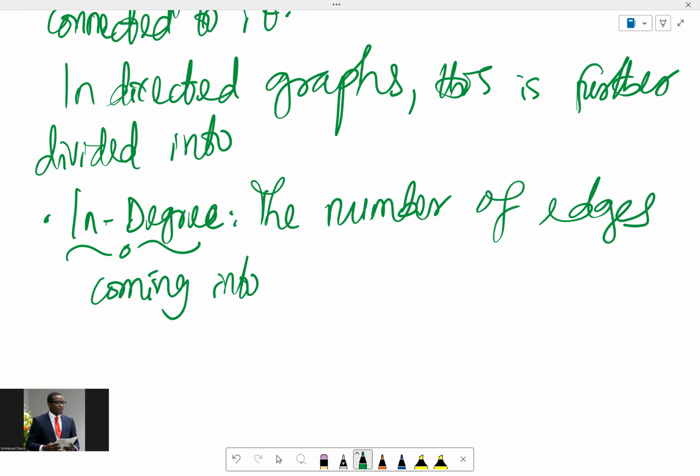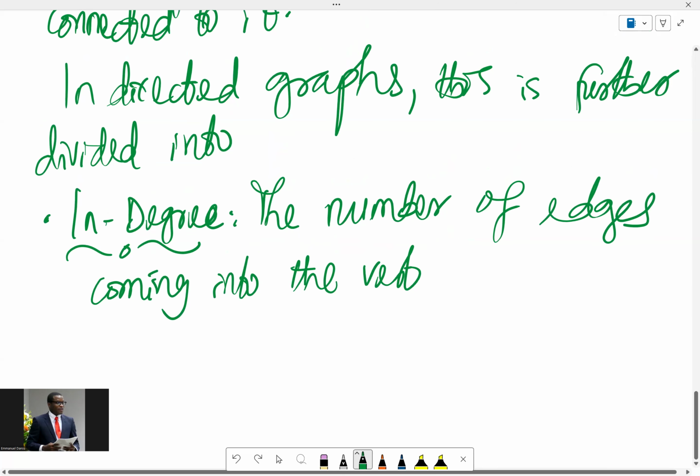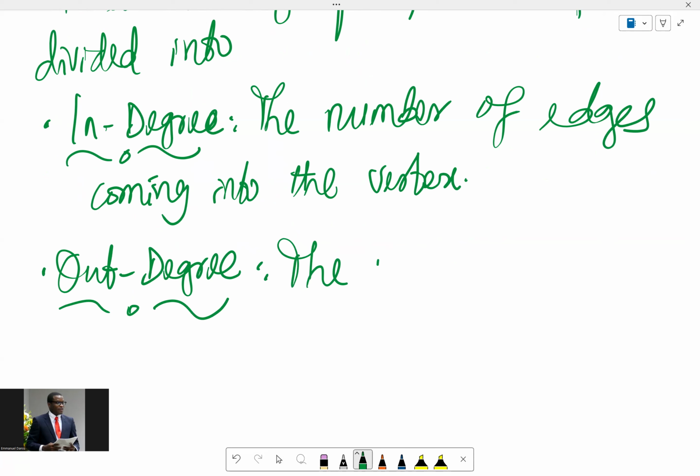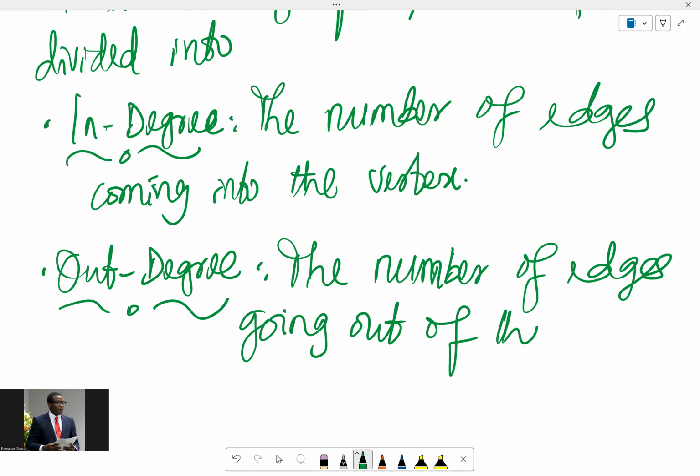Then you have the out degree. For the out degree, you have the number of edges going out of the vertex.